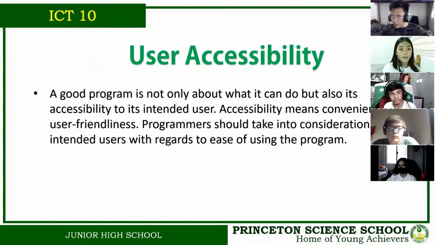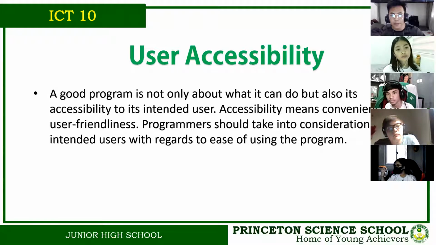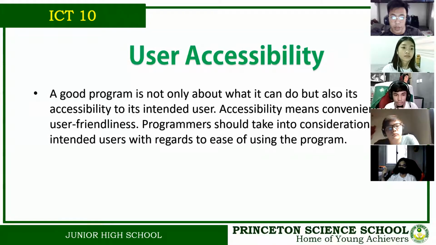But first, in the message boxes, we are going to encounter user accessibility. So what does this mean? A good program is not only about what it can do, but also its accessibility to its intended users. So accessibility means convenience or user friendliness.